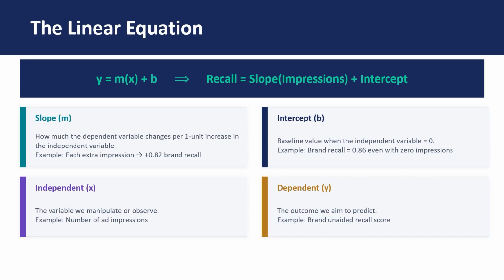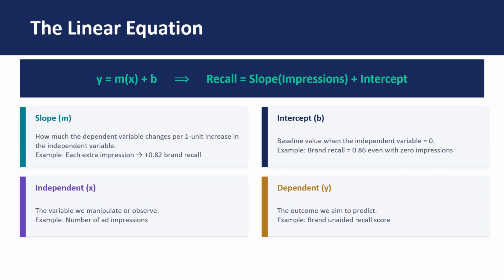Let's say we are studying how advertising impressions, the number of times someone sees an ad, affects brand recall, which is whether they can remember the brand without any prompts. The slope, M, tells us how much recall changes for each additional impression. In our data, the value is 0.82.